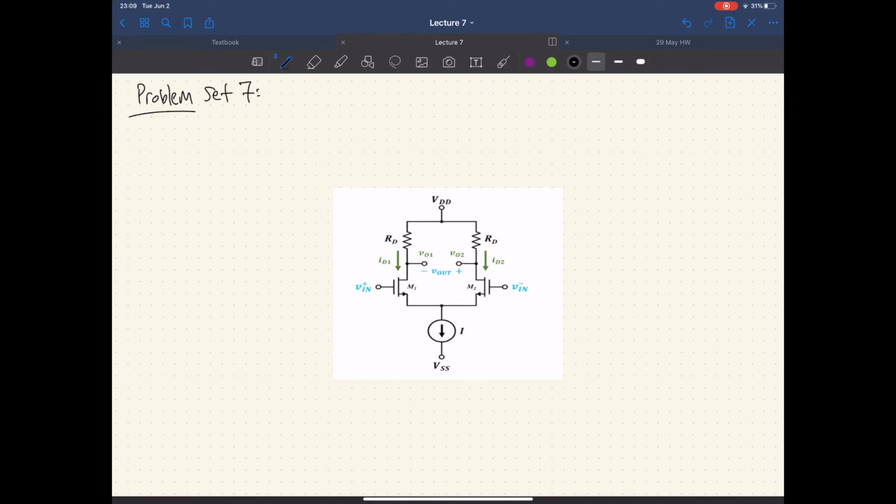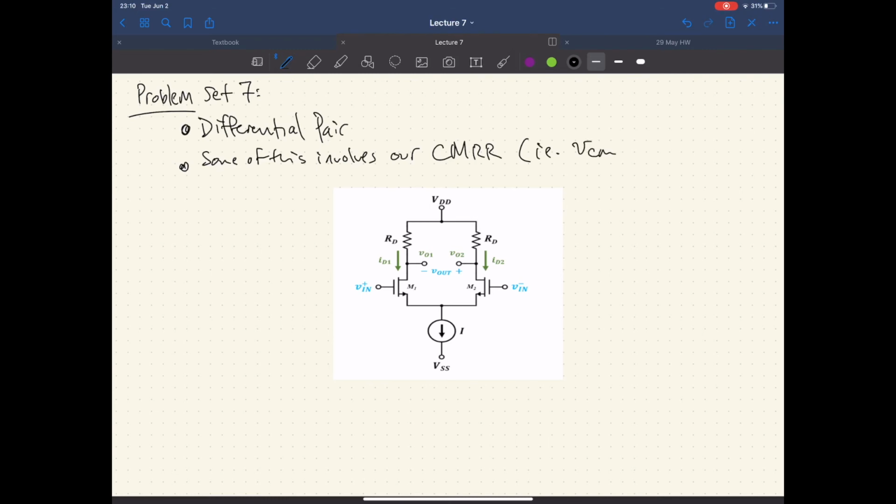But we start off with this differential pair. And we're going to look at some of this, which involves our CMRR stuff, i.e. the common mode voltage.